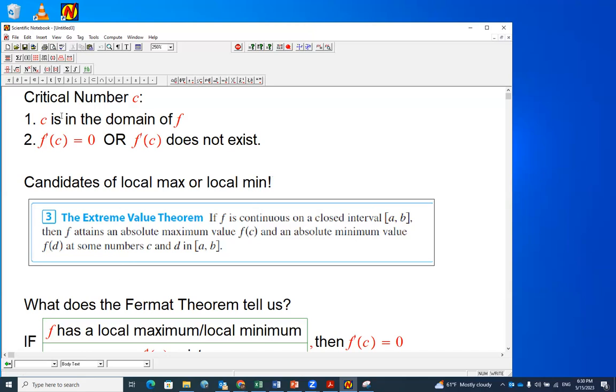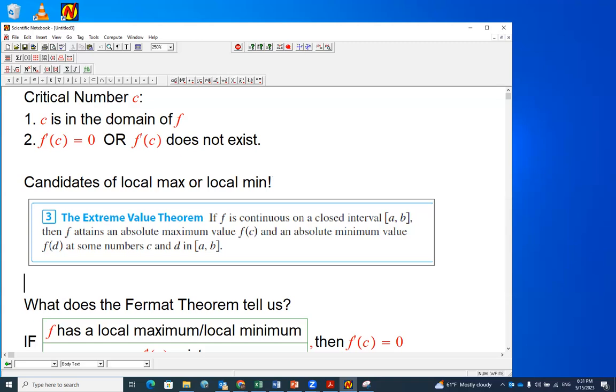Combined with the critical number idea, and of course as a result of Fermat's theorem, we have the following steps for how to find absolute max and absolute min.